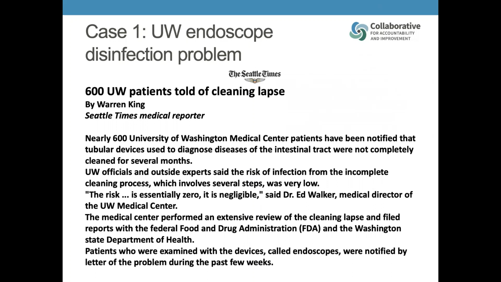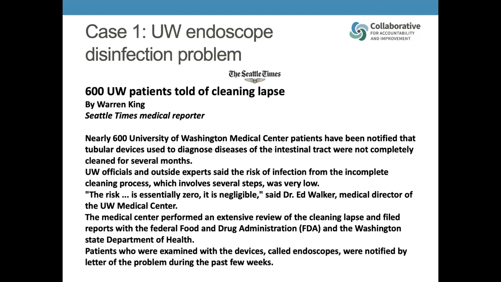And so UW had a dilemma on its hands. They thought that roughly 600 patients or so were affected by this exposure, meaning they had an endoscopy that was using one of the not fully cleaned endoscopes.